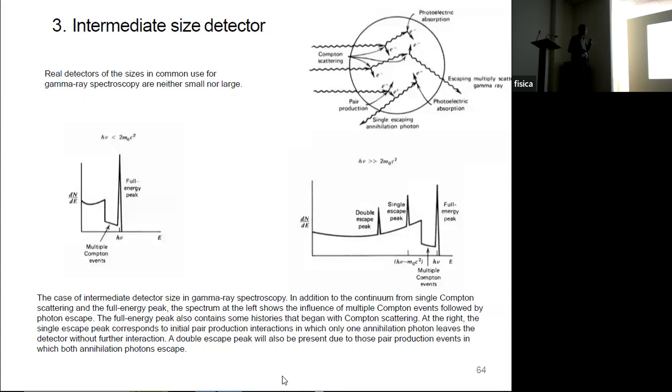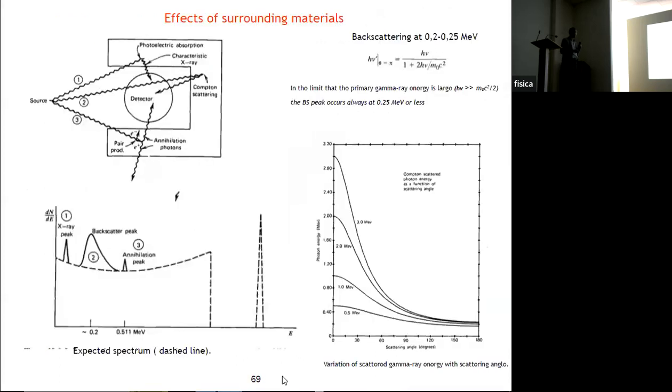In reality, in our experiments in gamma ray spectroscopy, we have pictures like this, or like this, but in reality, this is an ideal picture.